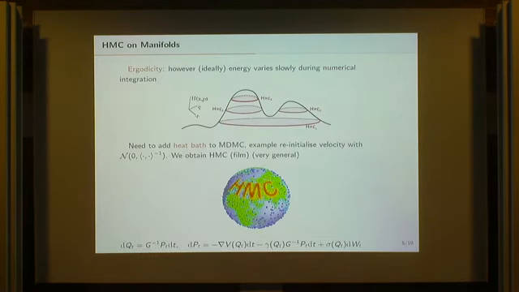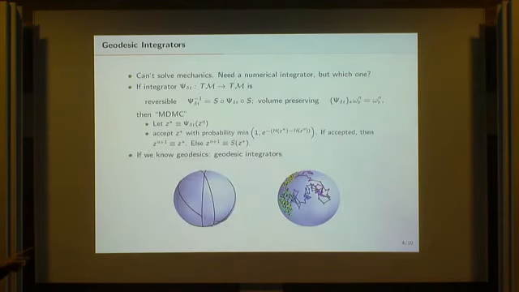But now you do have a problem of ergodicity. Ergodicity just means that you want to explore your sphere, or your manifold, well. So you want to propose points which are representative of your target distribution on the manifold. The reason you have an ergodicity problem is that if you have a good numerical integrator, you want the energy difference to be very small, because otherwise most points get rejected.